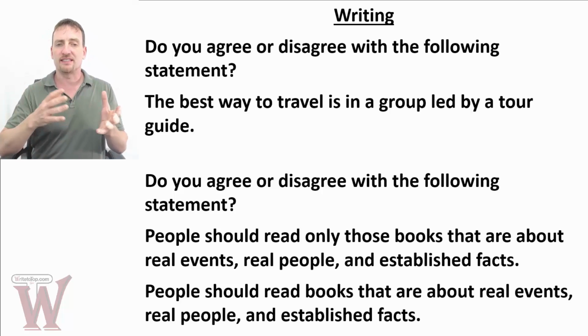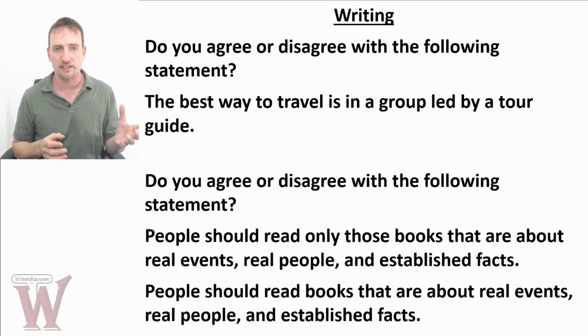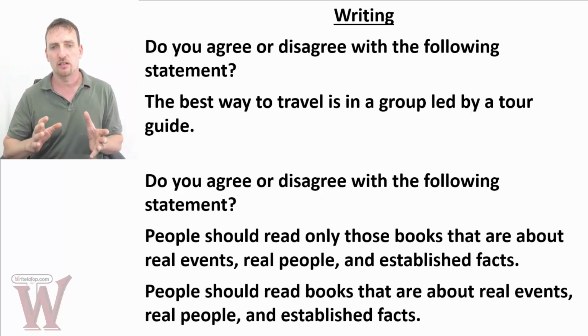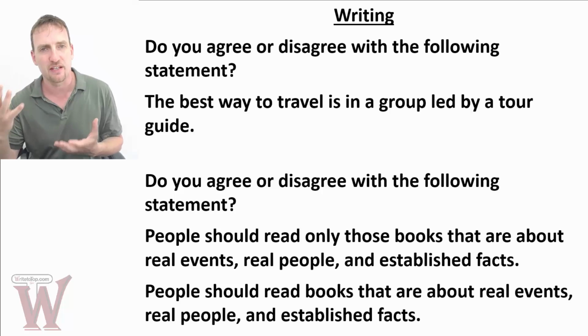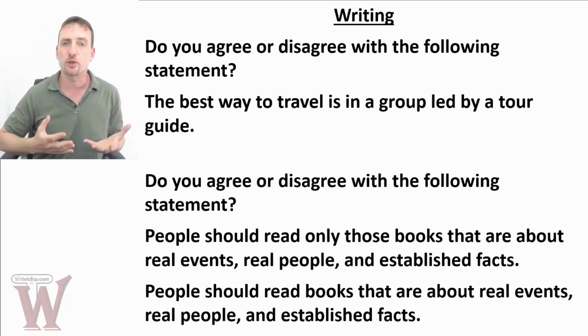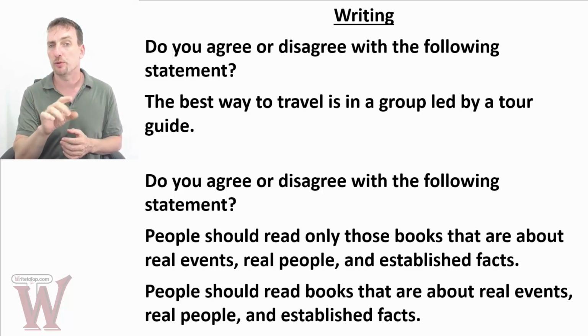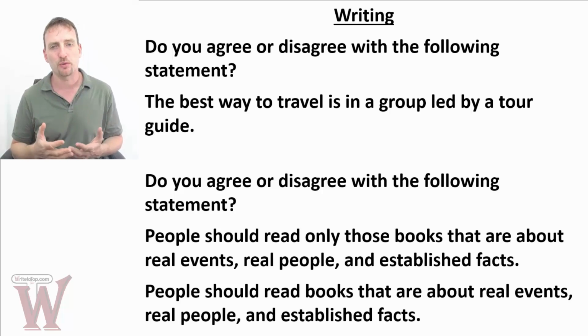Or say that sometimes in some situations this is the best way, in other situations it's not the best way. So overall, you can't say that it is the best way to travel. It's just one way for one situation. But at some point in your essay, you have to address that word best. And many people don't, and they lose points for that.